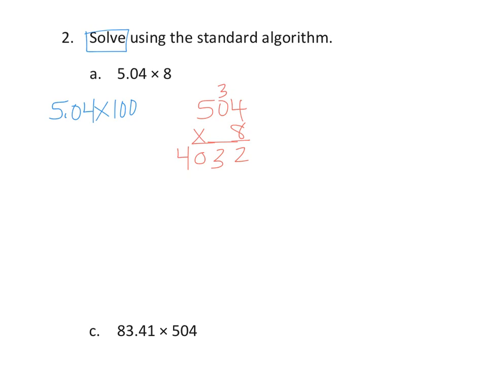So we've got 4,032. But remember, since we multiplied this by 100, we need to divide this by 100, which means this 2 needs to be in the hundredths, this 3 needs to be in the tenths. So in black tells me that I need to put my decimal after the 0 to get 40 and 32 hundredths.